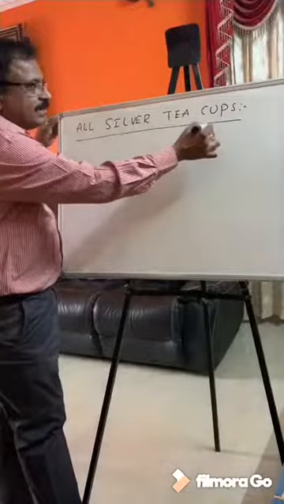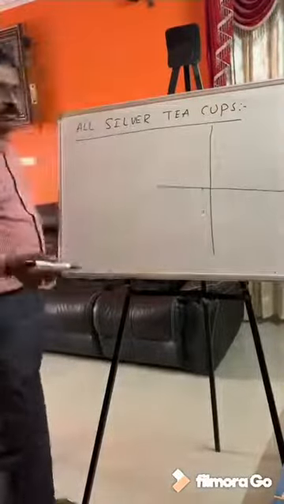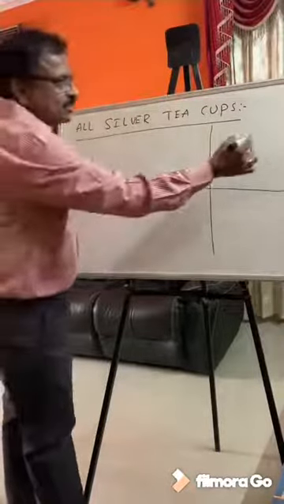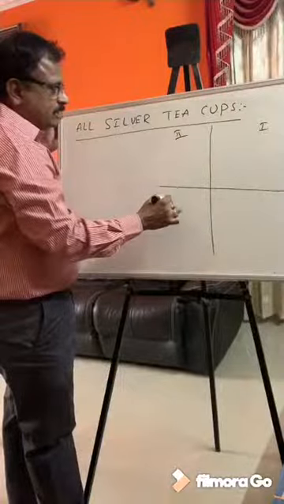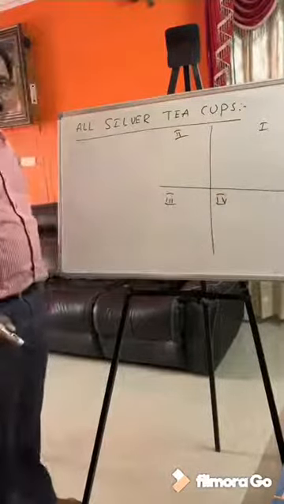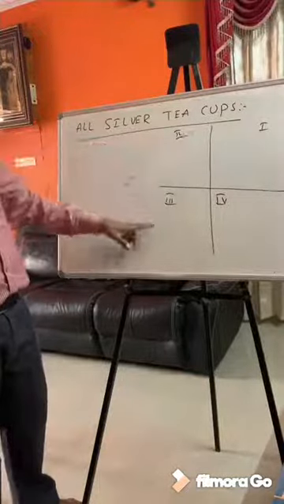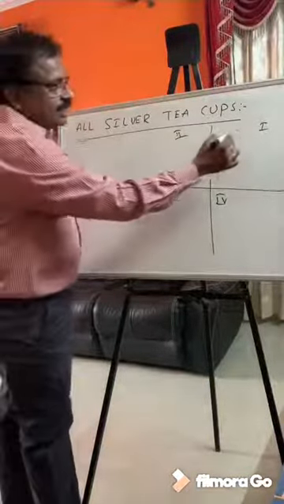Here you need to understand there are 4 quadrants. First quadrant, second quadrant, third quadrant and fourth quadrant. In first quadrant, it is all.